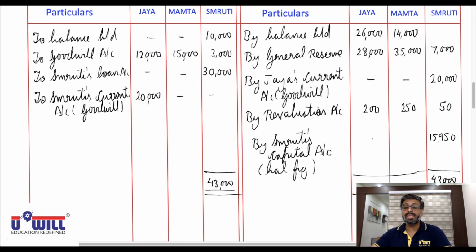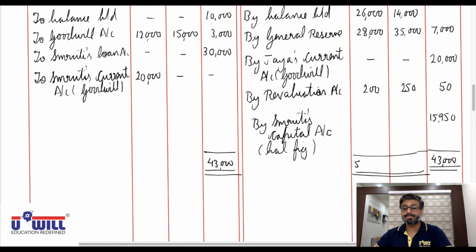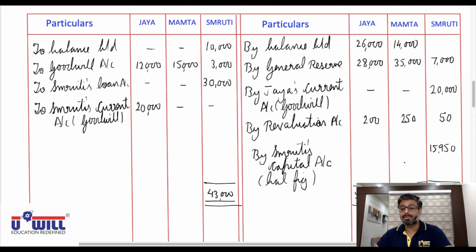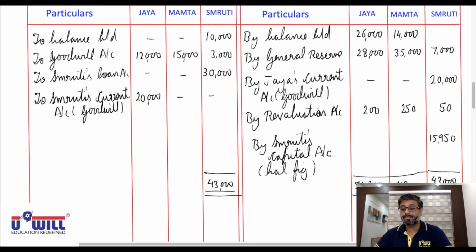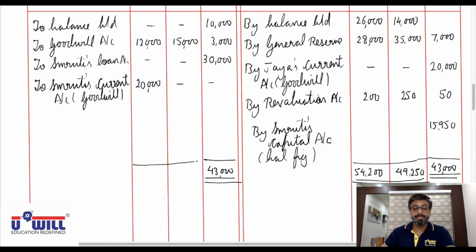For Jaya, 26 plus 28, that is 54,200. For Mamta, 49,250.